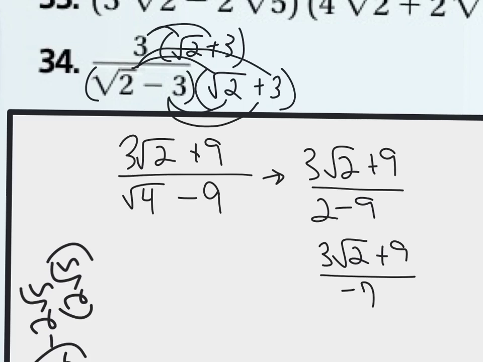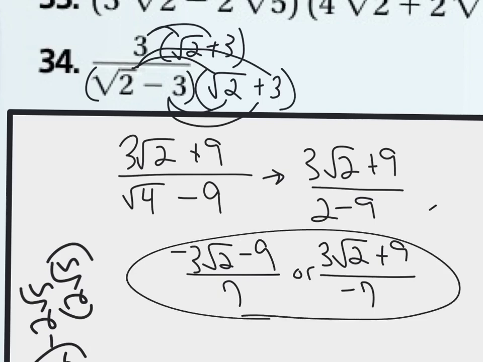So we work it out, we come out like this. Now the book has negative 3 square root of 2 minus 9 over 7. So to me, either way, this would probably be the more natural way to work it out, I think. For some reason, it seems like the book doesn't like to have negative denominators.